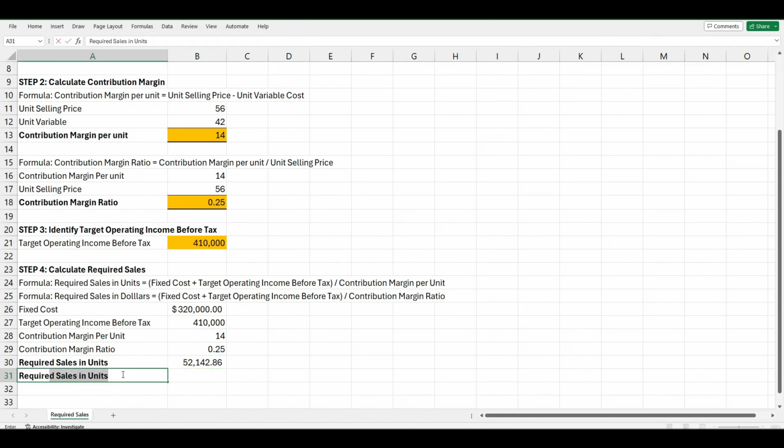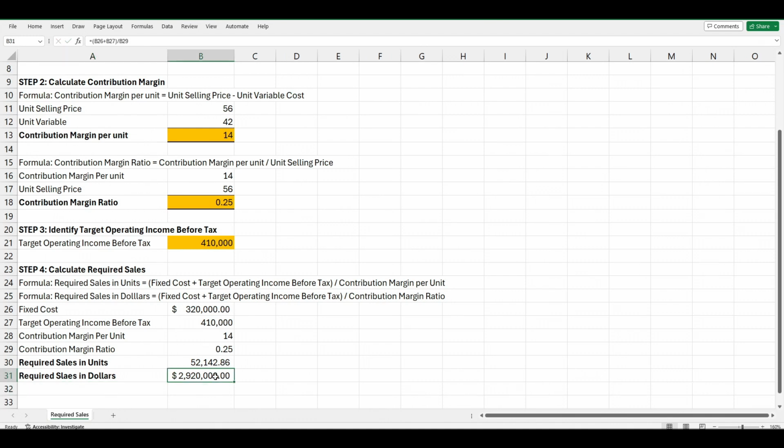And here we have our required sales in dollars, and this is equal to, open your brackets, fixed cost is right here, plus target operating income before tax, close the brackets, divided by contribution margin ratio, and that should give it in dollars. And so this is the right answer.